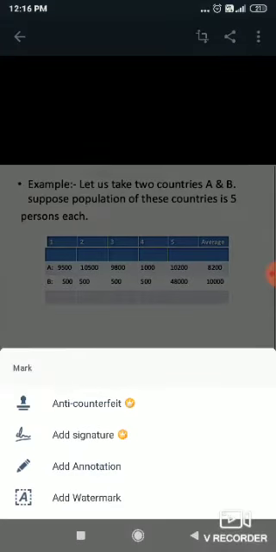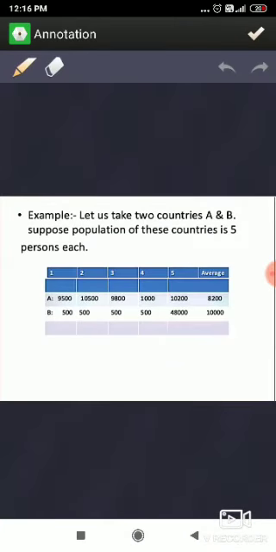Now take one more example related to this. Let us take two countries A and B. Suppose the population of each country is 5.